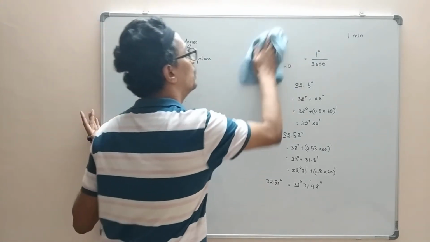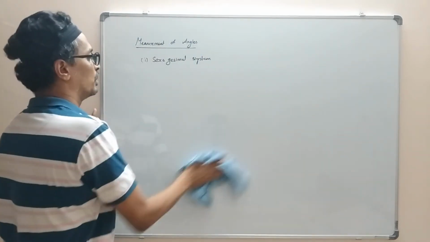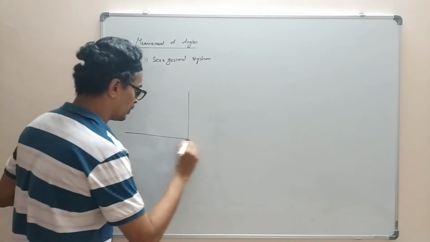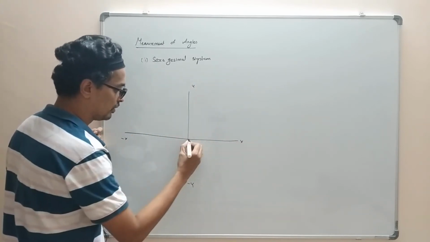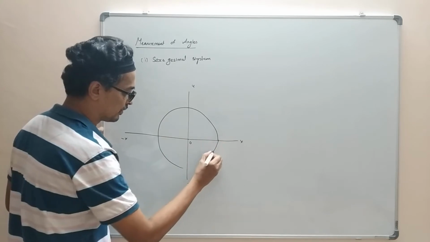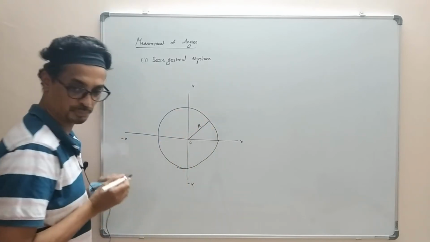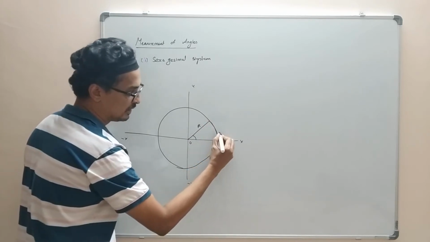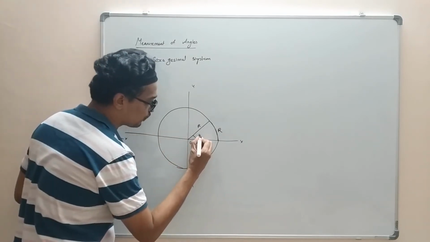So what am I going to do is, let us have this coordinate system, x, minus x, y, minus y, origin O. I'm going to have a circle of radius, say capital R. I define an angle for which this arc length is also equal to R, and I call that angle 1 radian.